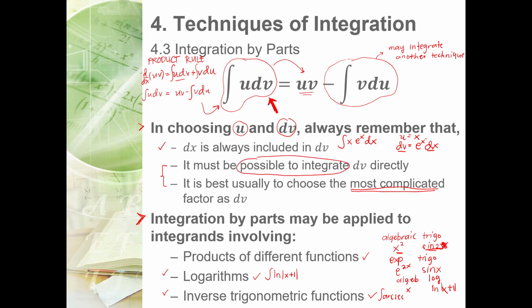That's what you need to remember in your dv term, and don't forget to include dx. Okay, so how about tips for the u parameter? Of course, what's left in the equation is going to be the u parameter. So I think what we can add here is your u parameter.